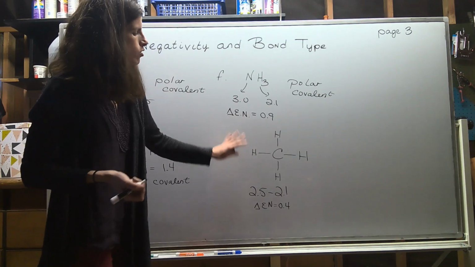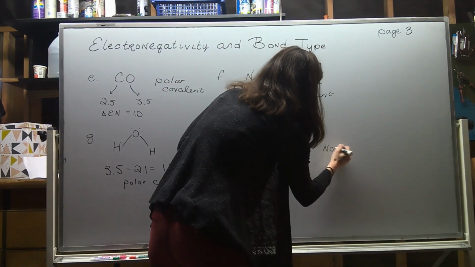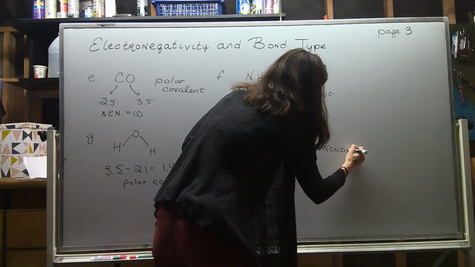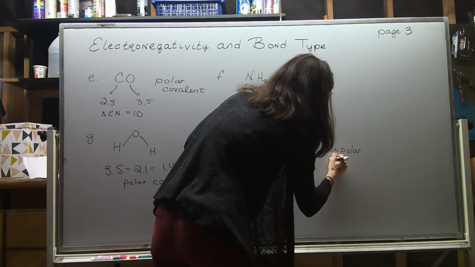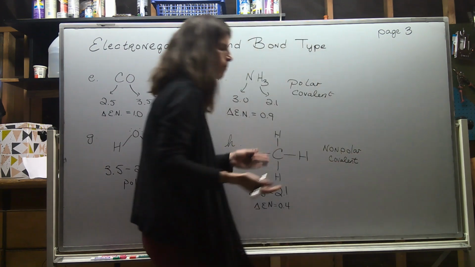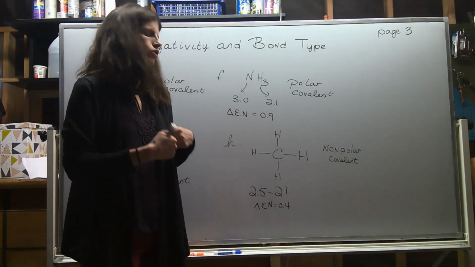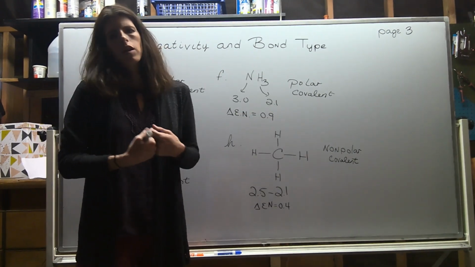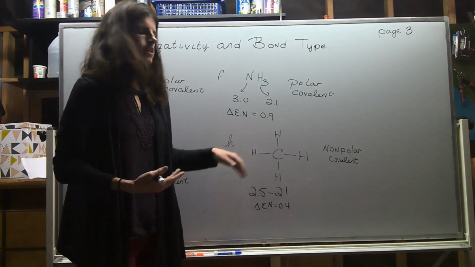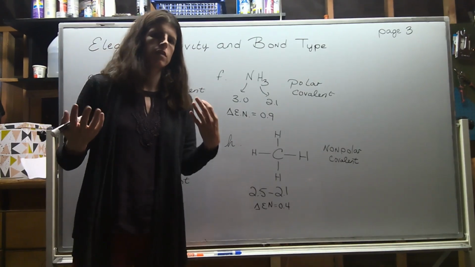So when you have molecules of carbon and hydrogen, we can classify them as being nonpolar. It's good to remember carbon and hydrogen form nonpolar bonds because there's so many compounds out there, a lot of biological compounds that consist of carbon and hydrogen. So carbon with hydrogen is going to be nonpolar.